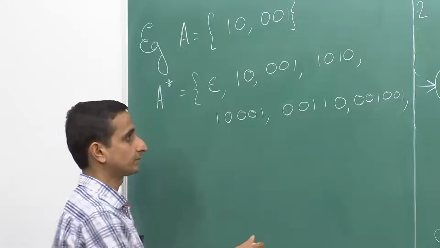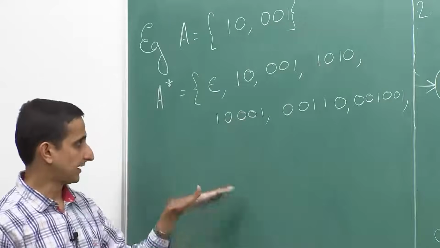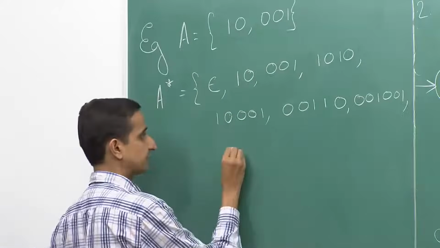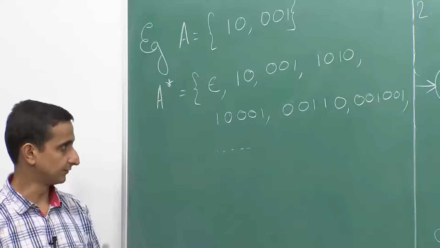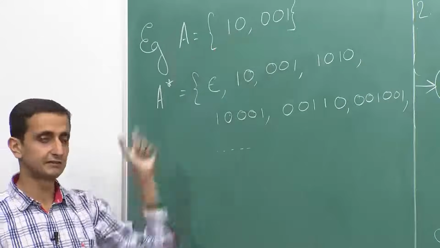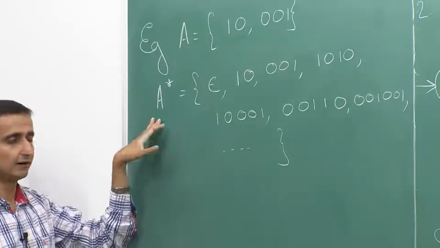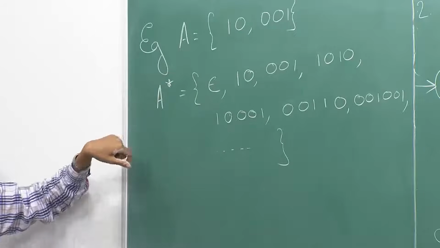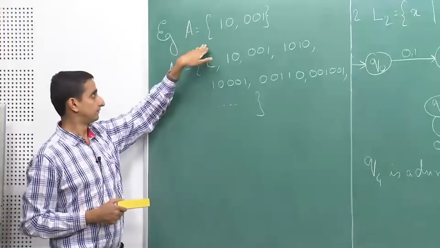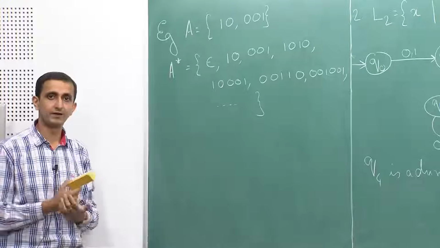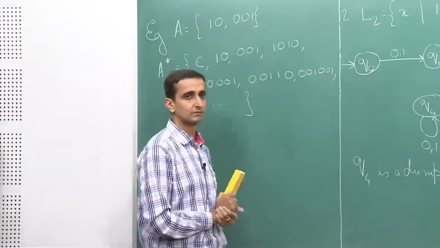Okay. And similarly, I can go to 3 strings which are concatenations of 3 strings, 4 strings and so on from A. Okay. So, in particular this language A star is an infinite language if A is some non-trivial language. Okay. So, I will stop here.